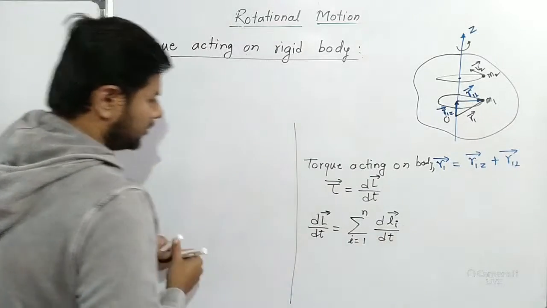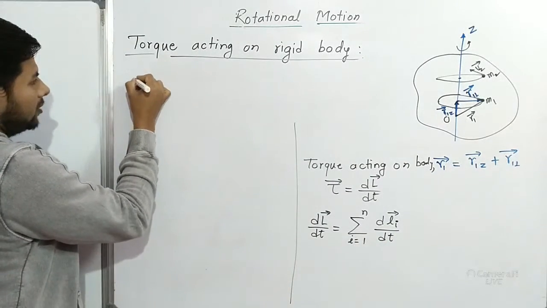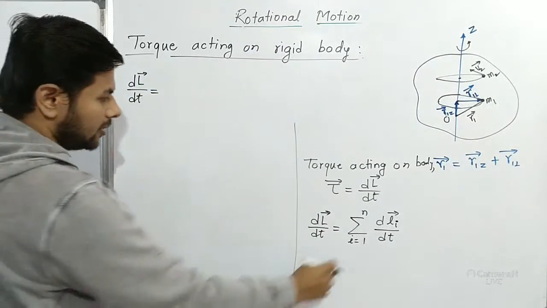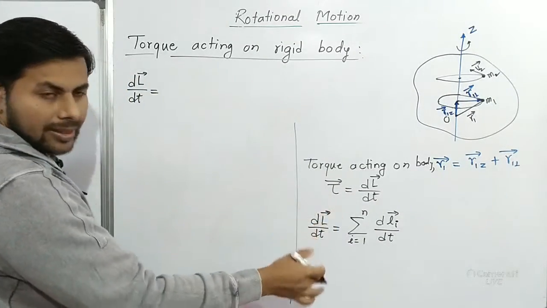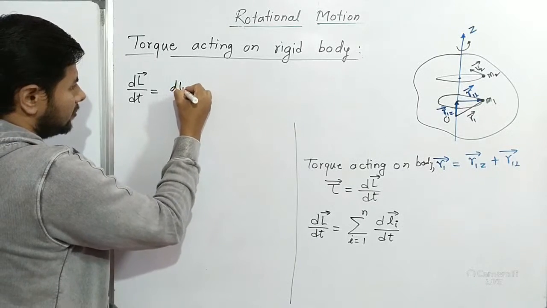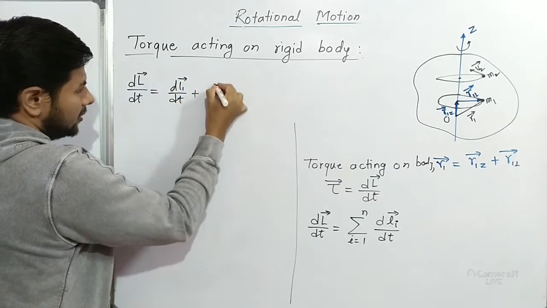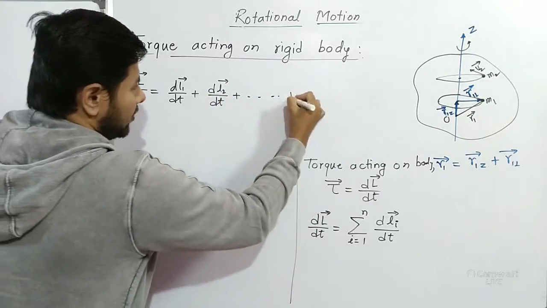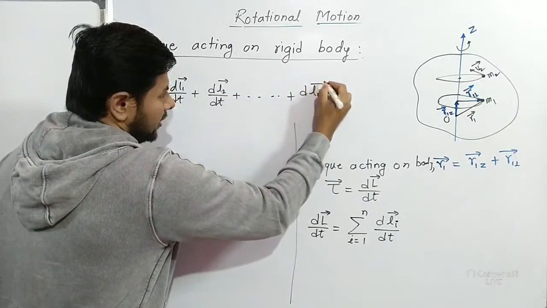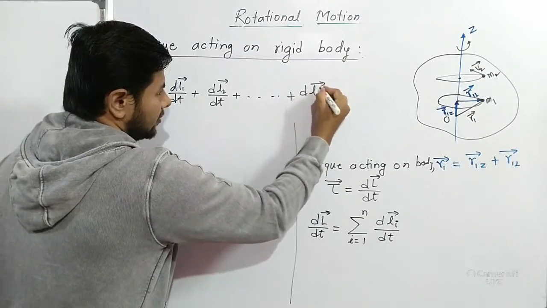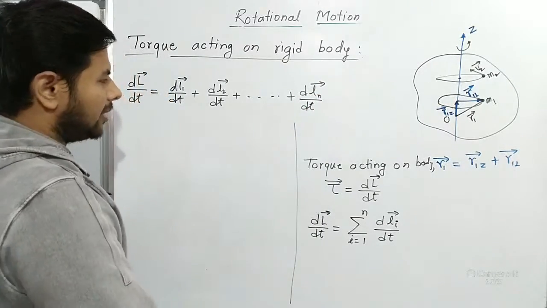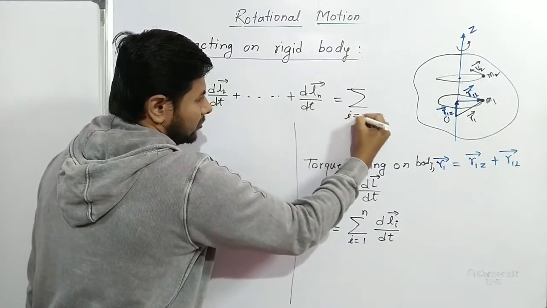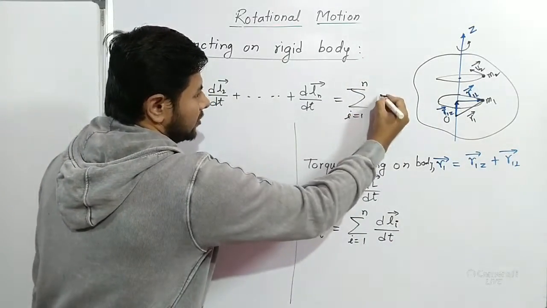So dL bar by dt can be written as dL1 bar by dt plus dL2 by dt plus so on and so forth up to plus dLn by dt. In compact form, it is the summation, i goes from 1 to n, of this term.